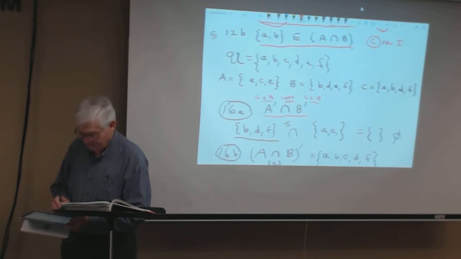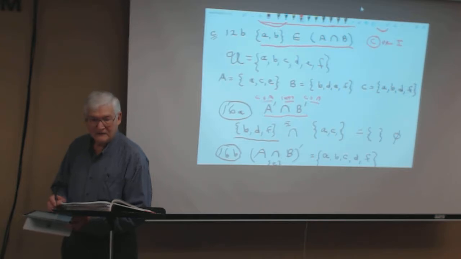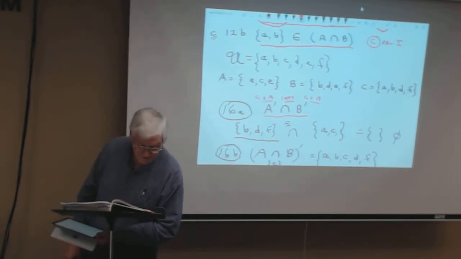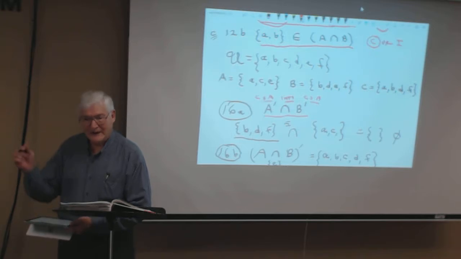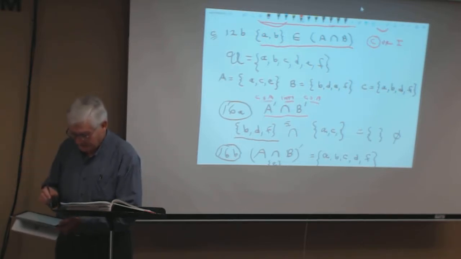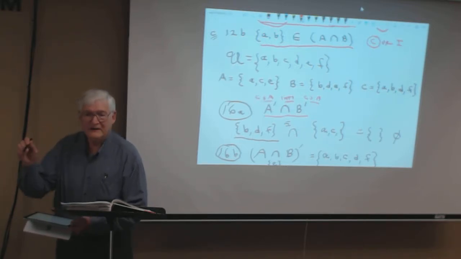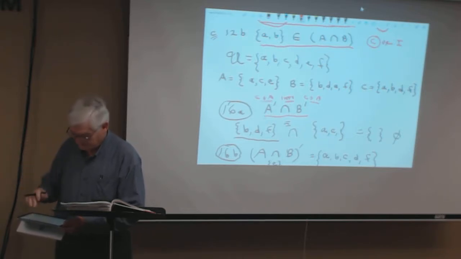The complement of A intersect with the complement of B. So I have to know what complement means. And did anyone figure out from looking at page 65 what complement means? Write this down in your notes. The complement of a set is everything in the universe that's not in that set.